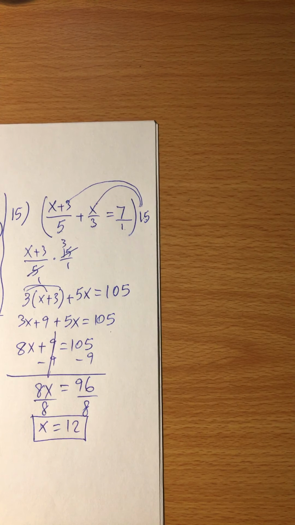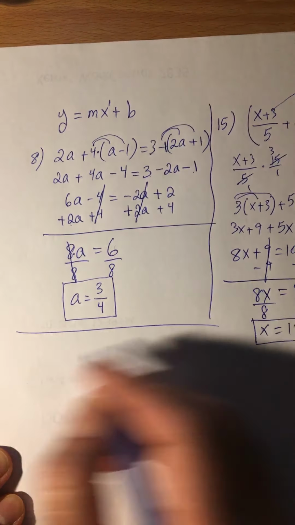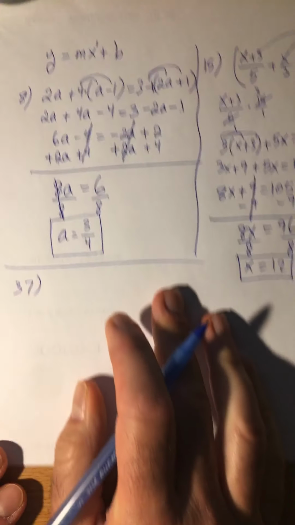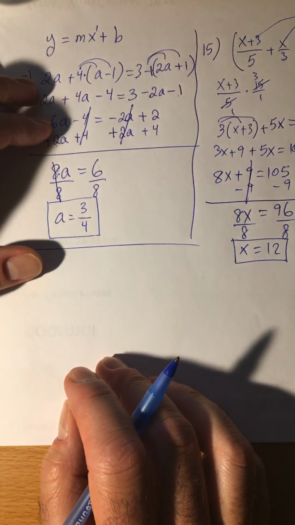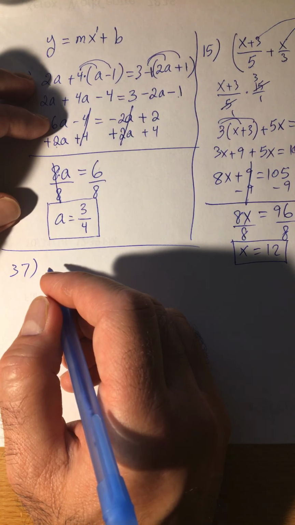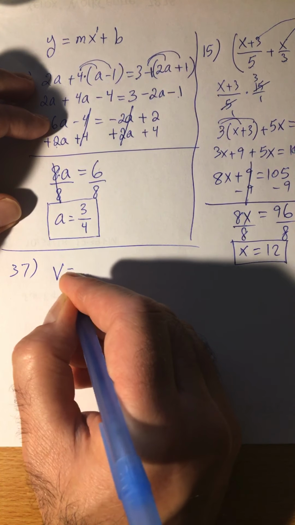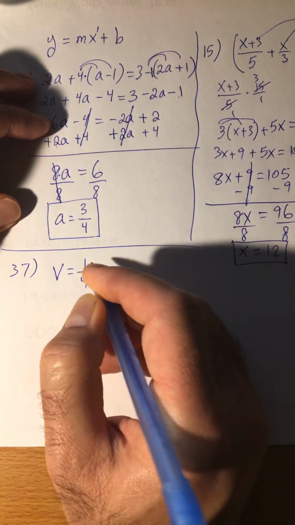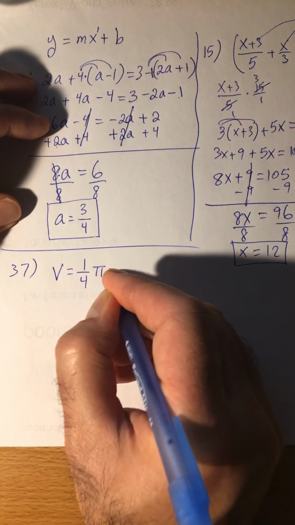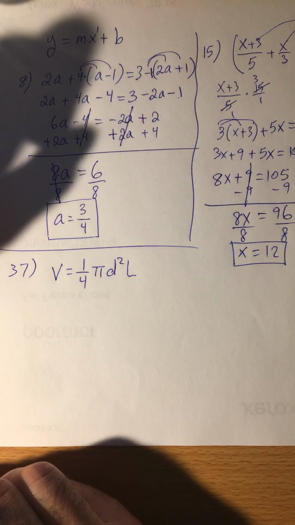Now let's try problem number 37. 37 is a formula. It's a volume formula, a geometric formula, the volume of a shape or a three-dimensional object.